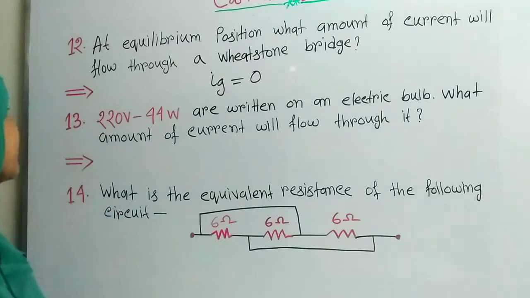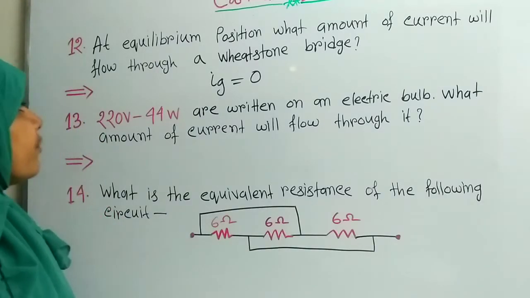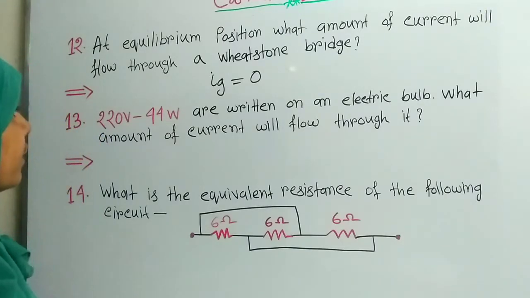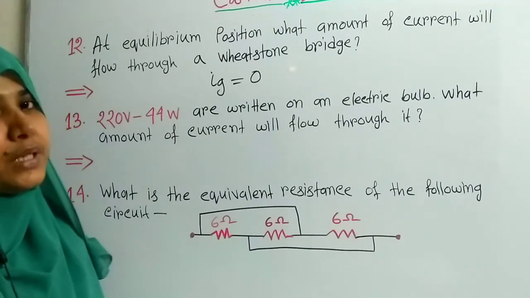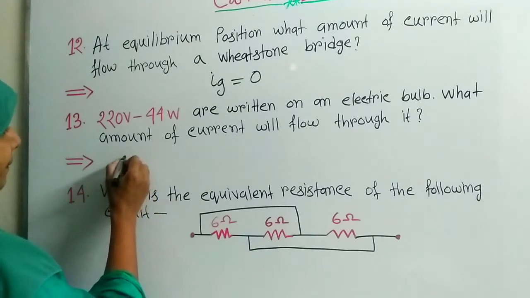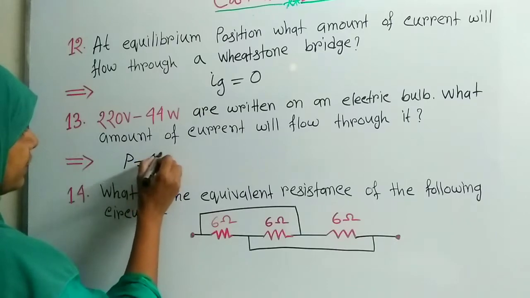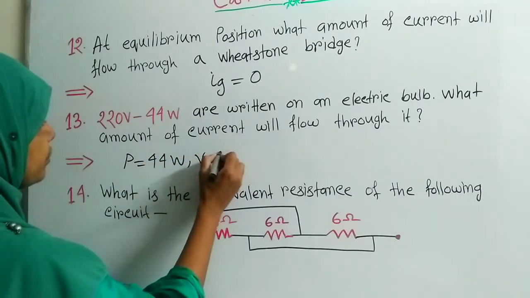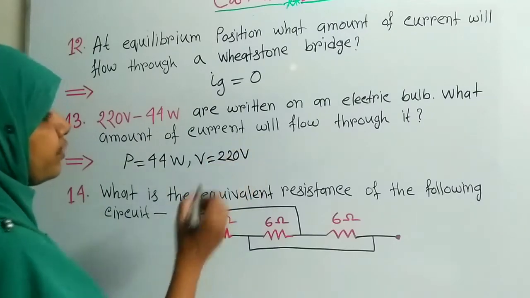Now our next question is, 220 volt 44 watt are written on an electric bulb. What amount of current will flow through it? So here the value of P is given 44 watt and value of V is 220 volt.